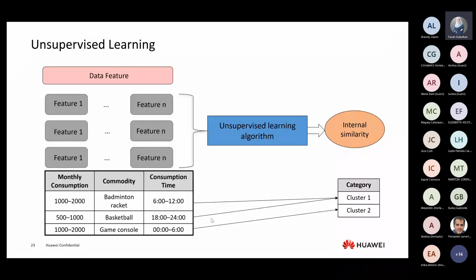Yes, the one that doesn't have labels. We group the information based on a number. For example, we create a cluster and we classify the information if it's near between them.